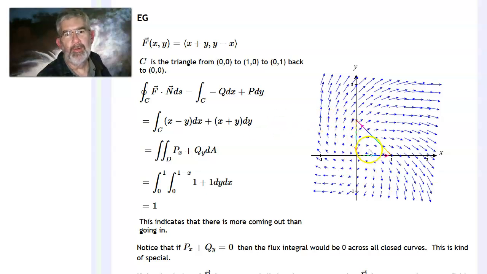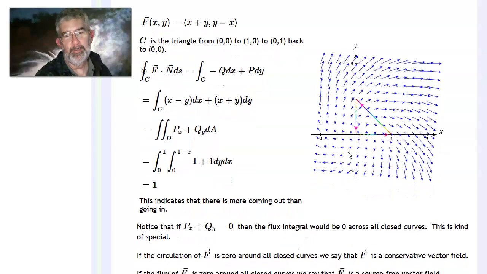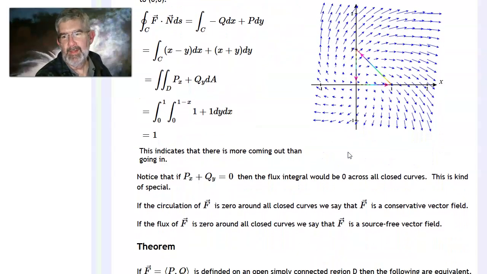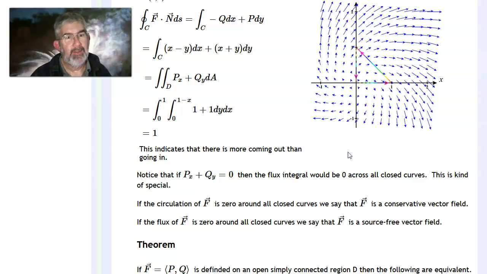That is, for any closed curve, there are no sources in there. There's not extra water bubbling out or being swallowed up. So if the circulation is 0 around all closed curves, we say it's a conservative field. If the flux around any closed curve is 0, then we call this a source-free vector field.